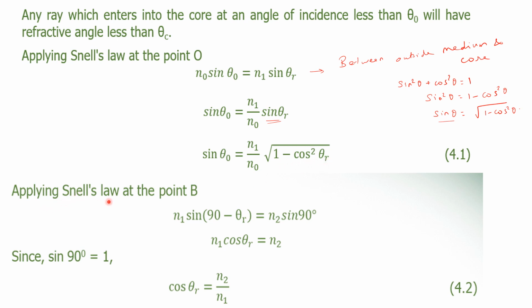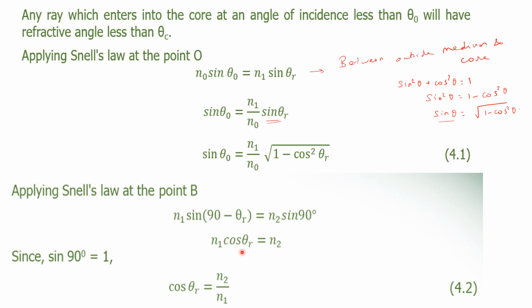Now I will apply Snell's law between core and cladding as usual. So n1 sin of (90 minus theta r) is equal to n2 sin 90. Sin of (90 minus theta) is nothing but cos theta, so n1 cos theta r is equal to n2.